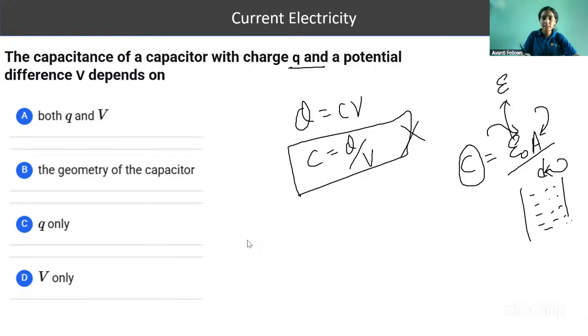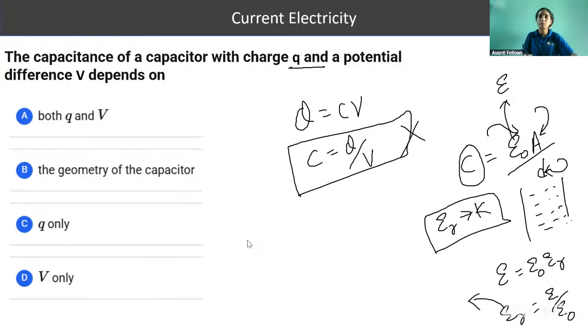One more thing to remember: epsilon is written as epsilon naught epsilon r, and this epsilon r, written as epsilon by epsilon naught, is also called the dielectric constant, which we generally indicate by the letter k. So capacitance depends on the geometry of the capacitor and on the medium. So option B will be correct here. Nothing is mentioned about the media, so we don't need to care about it.